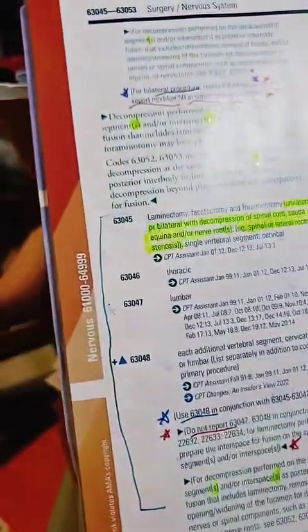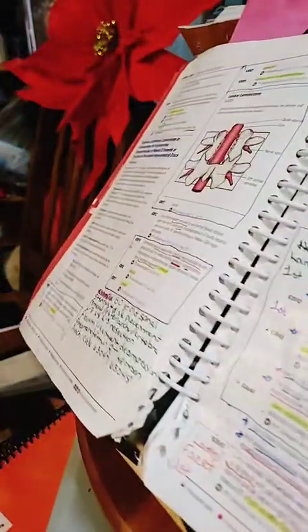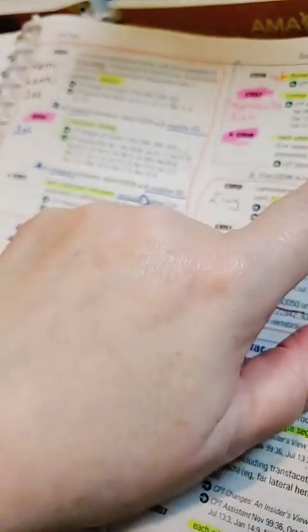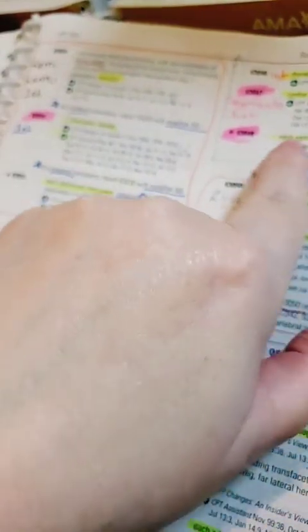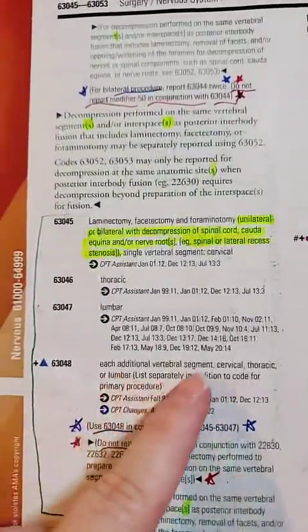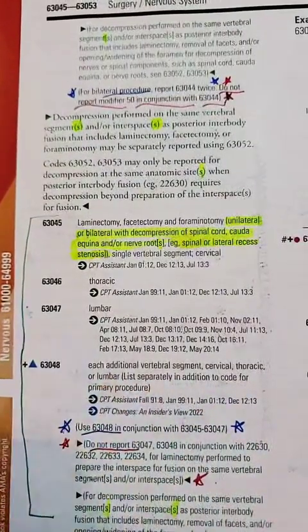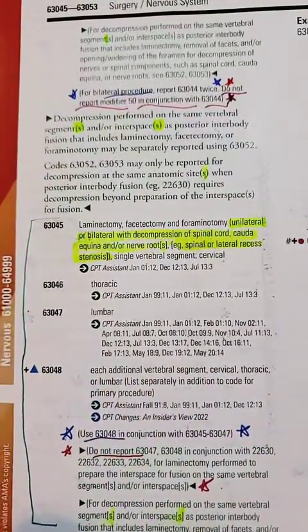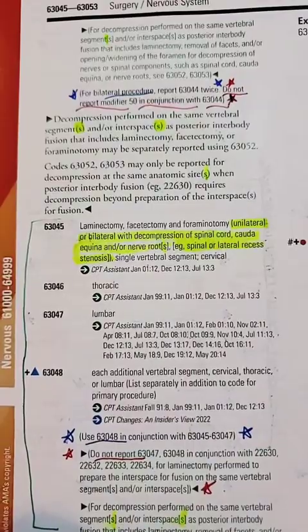So the blue one was on 48. Last year, they had cervical, thoracic, lumbar, each separate section. This year, it's each additional. I don't know what they updated.